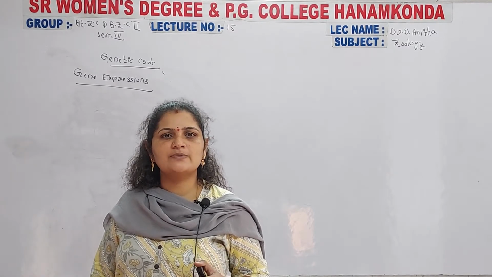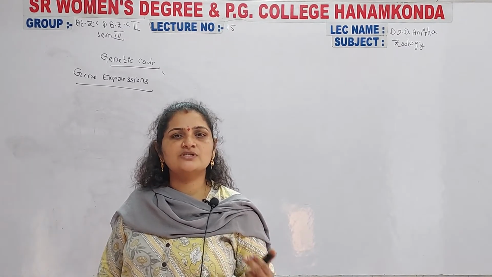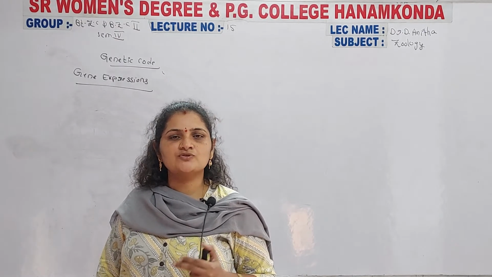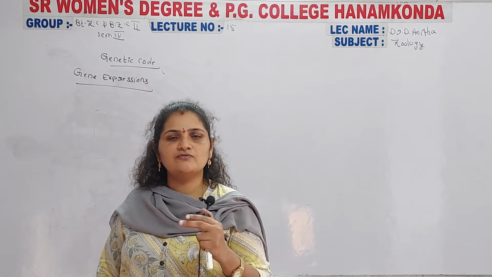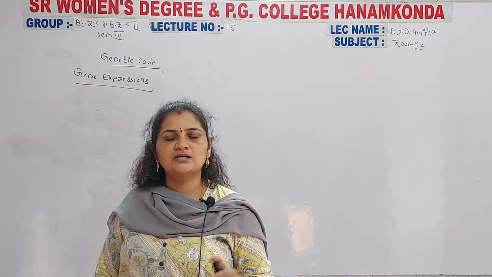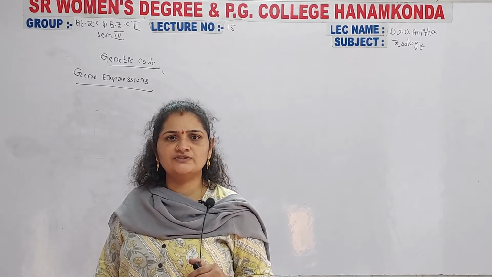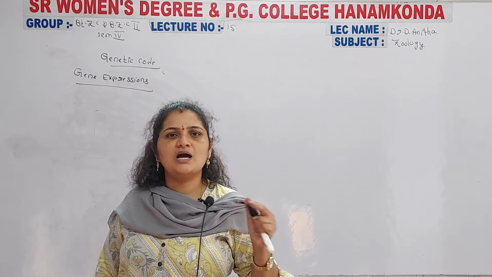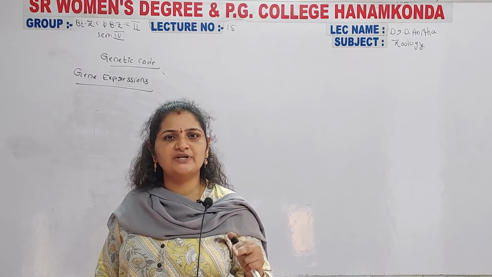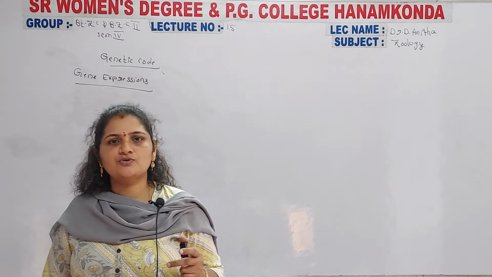The codons presented in the mRNA carry information that came from the DNA. That coded information is bonded with the tRNA, which converts it into the amino acid chain. Finally a polypeptide chain is formed.